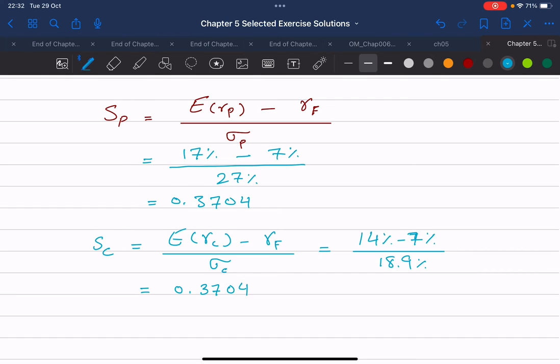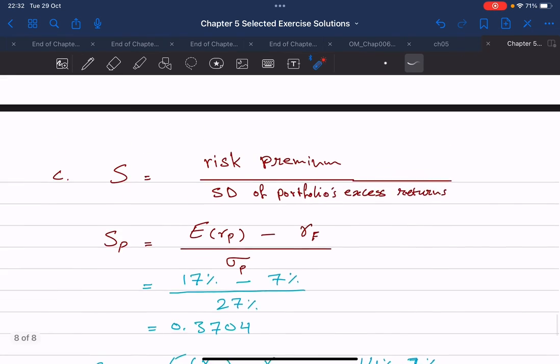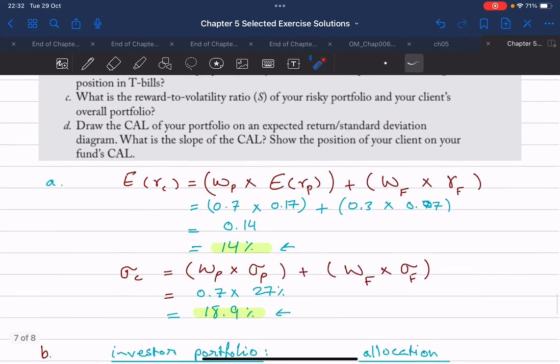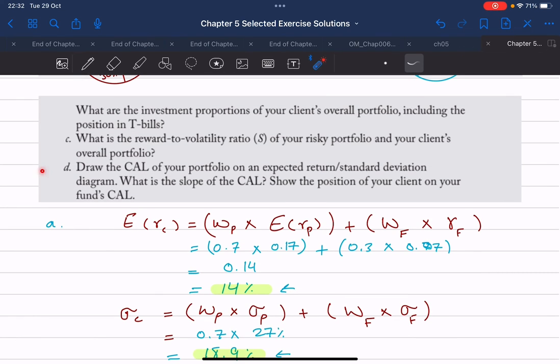Now let's look at the last requirement here. D. It says, draw the capital allocation line of your portfolio on an expected return / standard deviation diagram. What is the slope of the CAL, or the capital allocation line, and show the position of your client on your fund's capital allocation line.